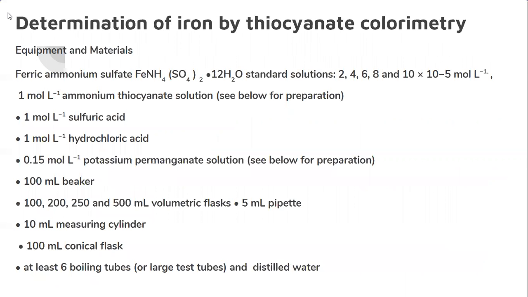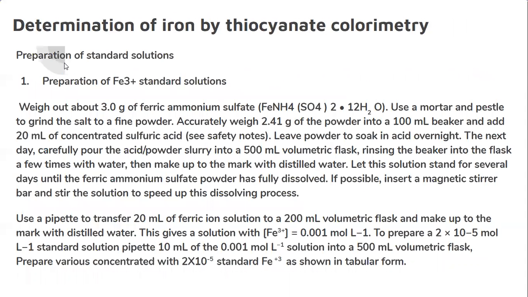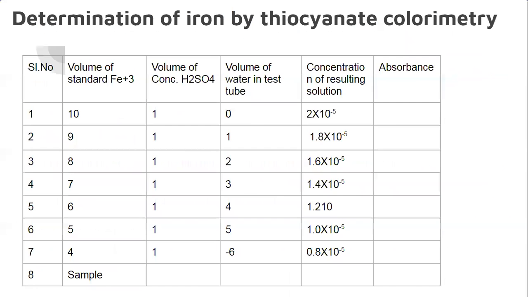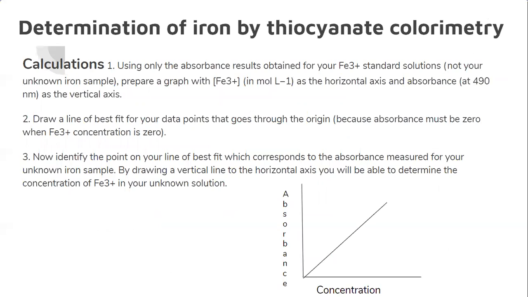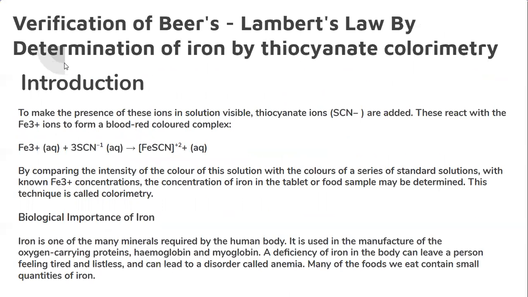After that we will discuss the equipment and materials we use, and then the principle. After that, how to prepare the standard solution required for this experiment, followed by the procedure, and then the calculation. So these parts we are going to discuss under this topic.